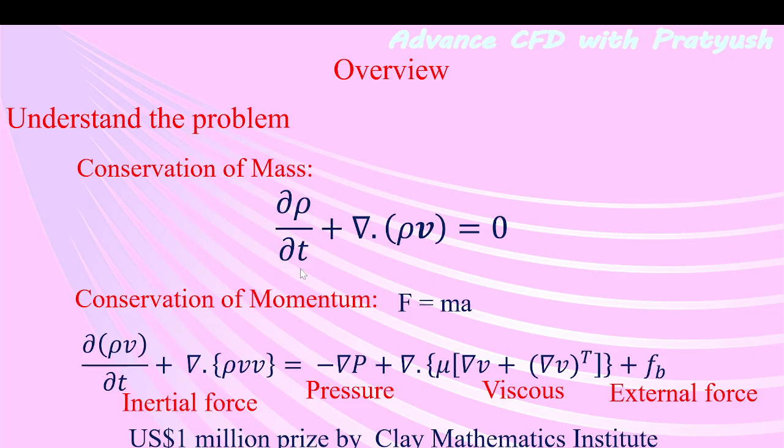Now, this problem is so important that if you search on Google for the top six hardest problems in mathematics, this is one among those problems. This problem is recognized by the Clay Mathematics Institute, and they have proposed one million US dollars if you find an analytical solution for this.